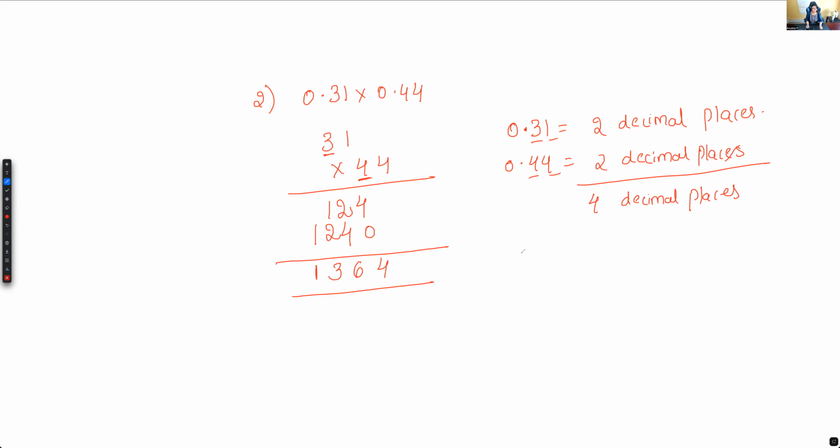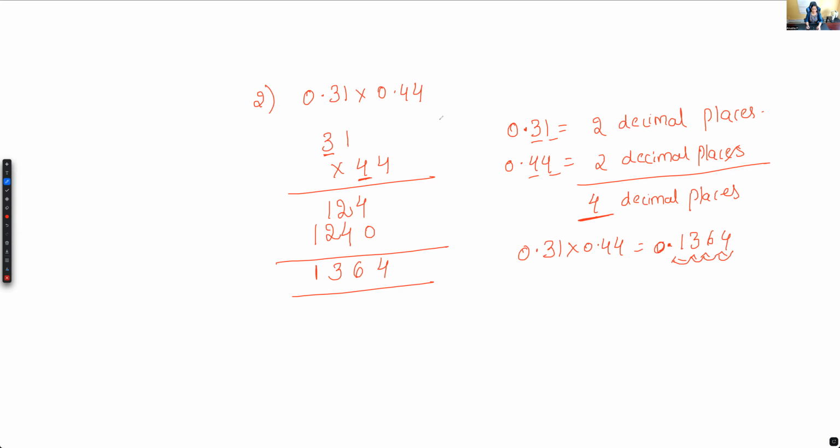So in the final answer, we got 0.31 times 0.44 as 1364. So how many decimal places do we have here? 4 decimal places. So in the final answer, we have to jump 4 times and keep the decimal point.